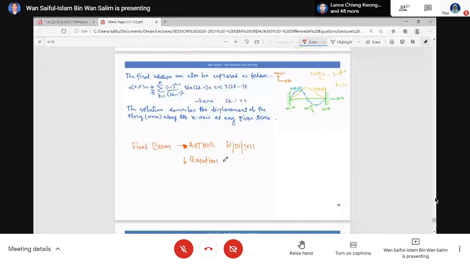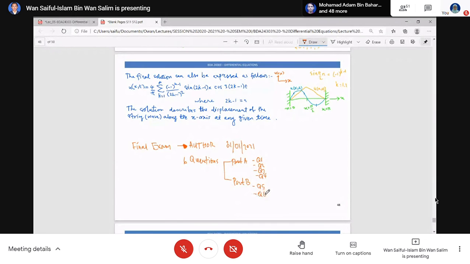Part A, Part B. Okay, saya dah arrange question ni more or less ikut chapter kita. So part A, there are 4 questions. Q1, Q2, Q3, Q4, and then part B, Q5, Q6.